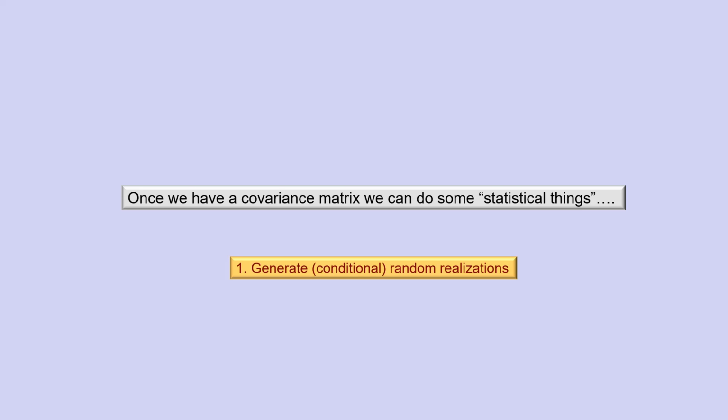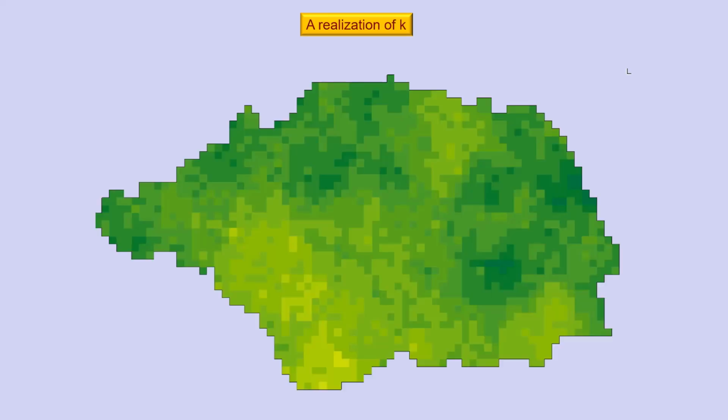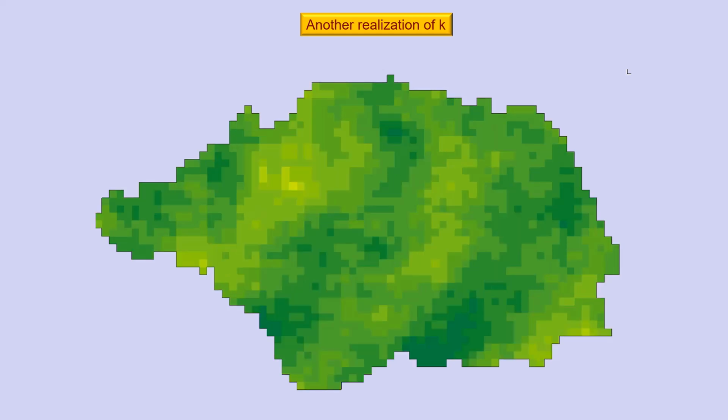We can sample that. We can come up with random realizations of properties within our model domain, all obeying those fundamental concepts that they've got the same mean and that variability and covariance is described by that covariance matrix, which is based on the premise that covariance between 2 points is a function only of the distance between them, and presumably I have come up with a function, which we'll talk about shortly, that gives me that covariance as a function of interpoint distance.